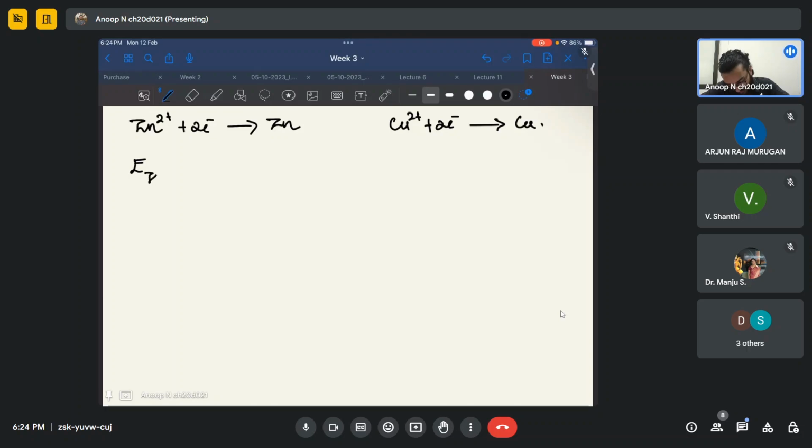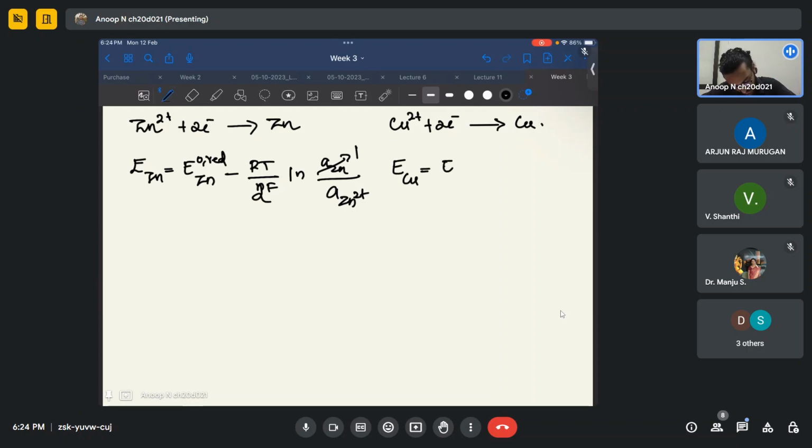E Zn is equal to E0 reduction of Zn minus RT by nF. n is 2 here, so I'll write it as 2. ln of activity of Zn divided by activity of Zn2+. So this I can take as 1. Similarly, E copper is equal to E0 reduction of copper minus RT by 2F ln of 1 by activity of Cu2+. Is this clear?